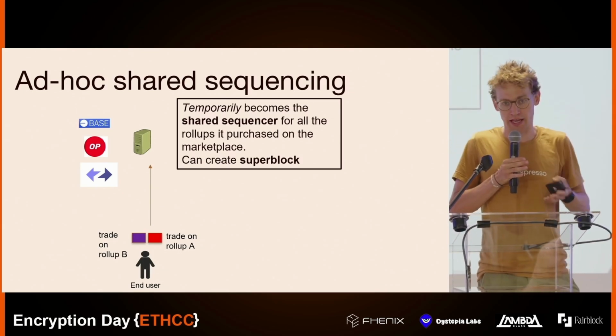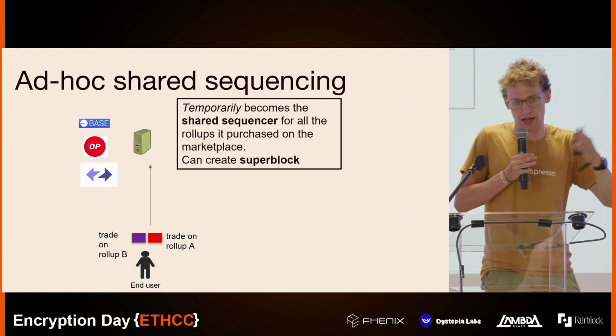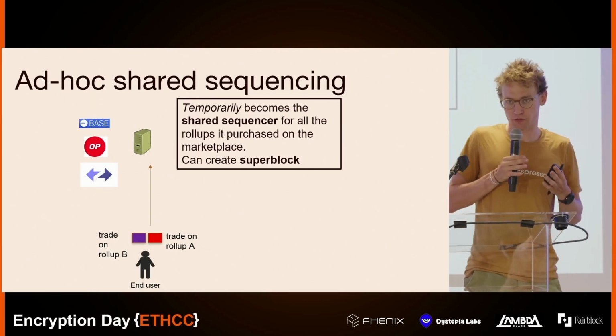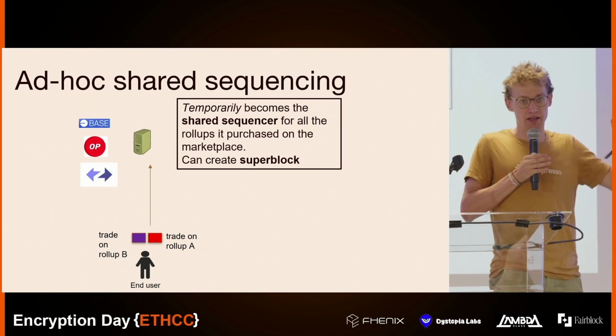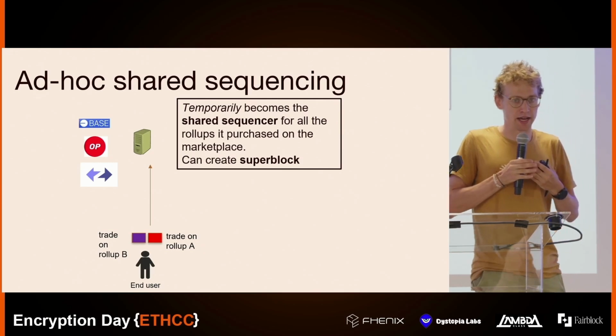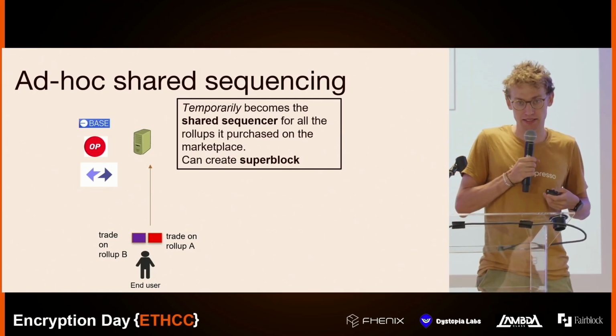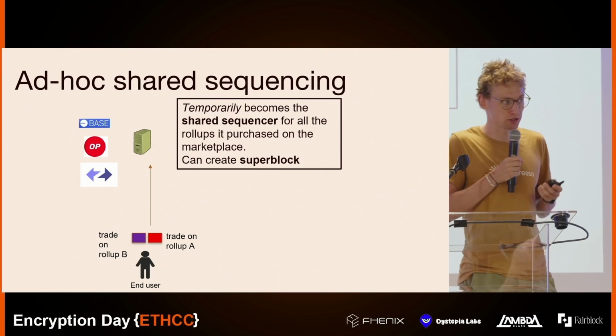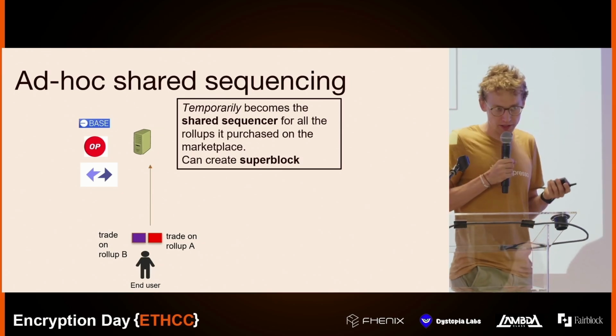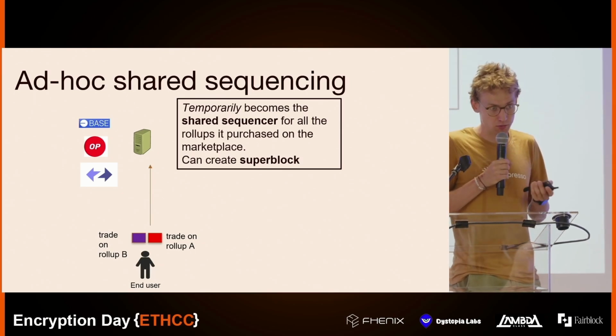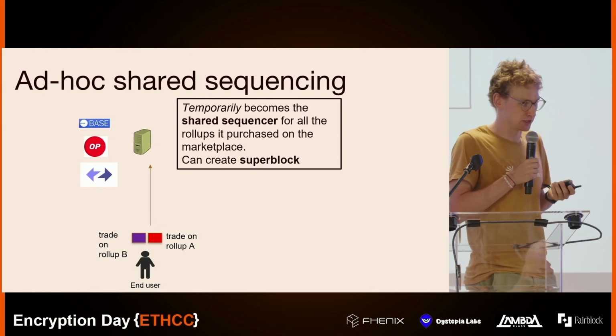I want to basically KYC the bidders, or do some sort of restrictions, and I don't want to say like anybody can buy it. These rollups basically retain their sovereignty and can say who they're willing to sell it to. Of course, the more they open it up, the more competition there's going to be, and the more money the rollup will make from selling their sequencing right.